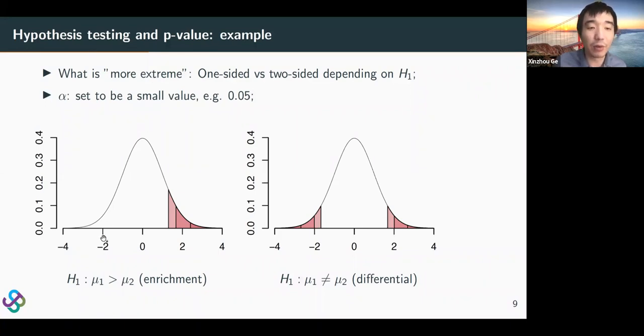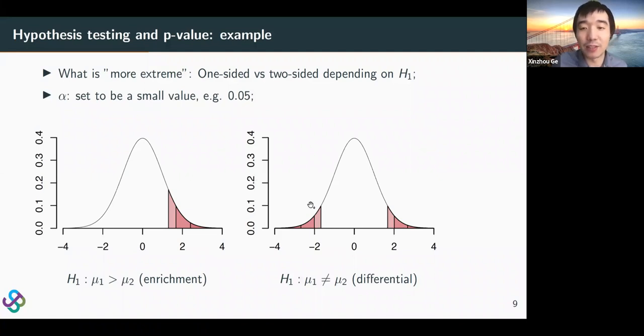When the alternative hypothesis is mu1 greater than mu2, the more extreme part will be the upper tail. And if the alternative hypothesis is mu1 not equal to mu2, the more extreme part will be the two tails.